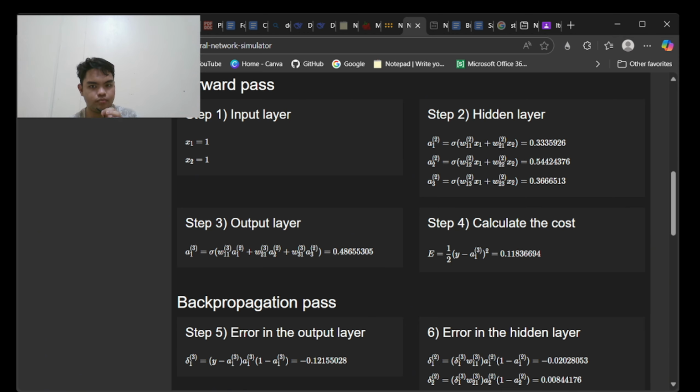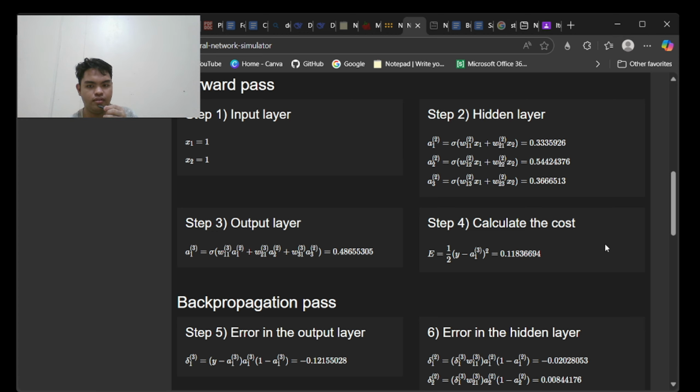For answer three, the number of inputs: the neural network has exactly two inputs, x1 and x2, clearly visible in both the neural network simulated diagram and the mathematical calculation, where we see x1 is 1 and x2 is 1 being processed.